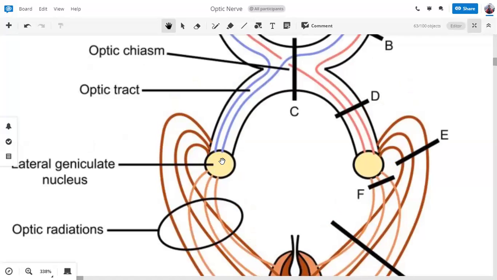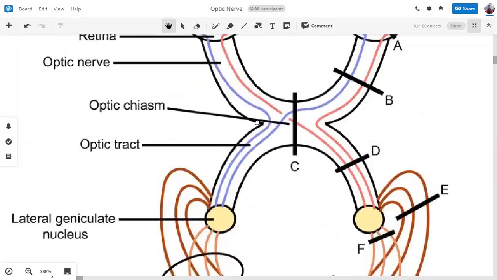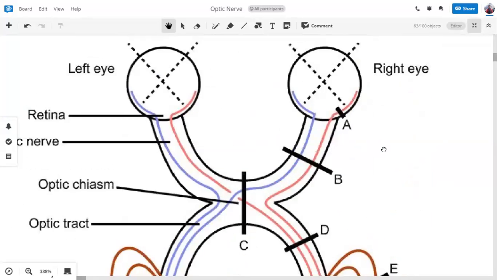From the pretectal region they go into the Edinger-Westphal nucleus of the third nerve, फिर वहाँ से fibers जाते हैं towards the eye. So it's a pupillary reflex pathway जो आपको याद भी करना है, और कुछ fibers वहाँ चले जाते हैं. So if those fibers are affected, what do you think will happen? That is a big question.